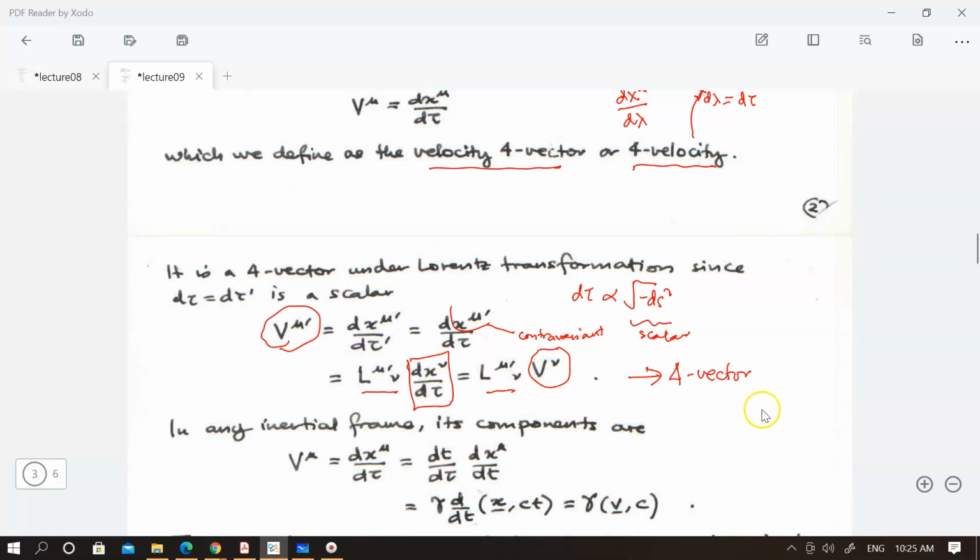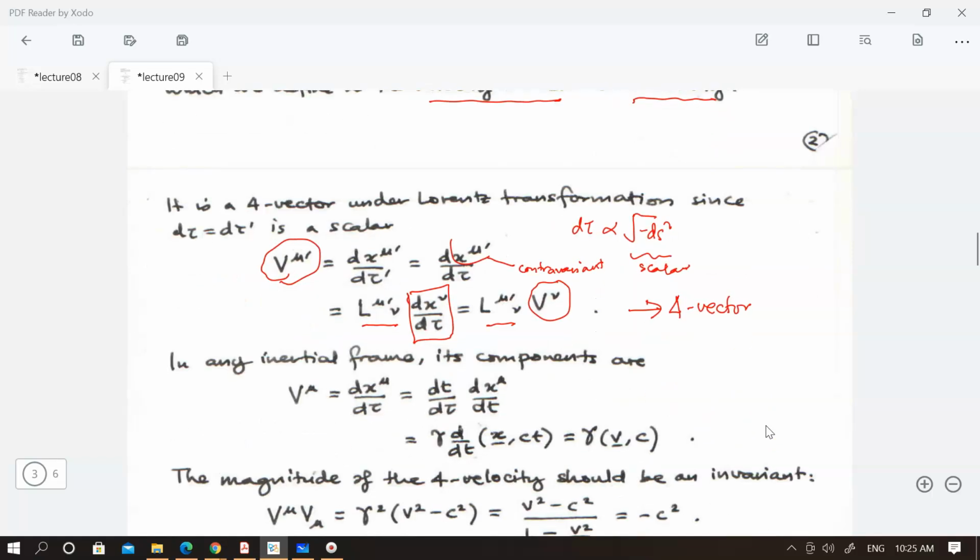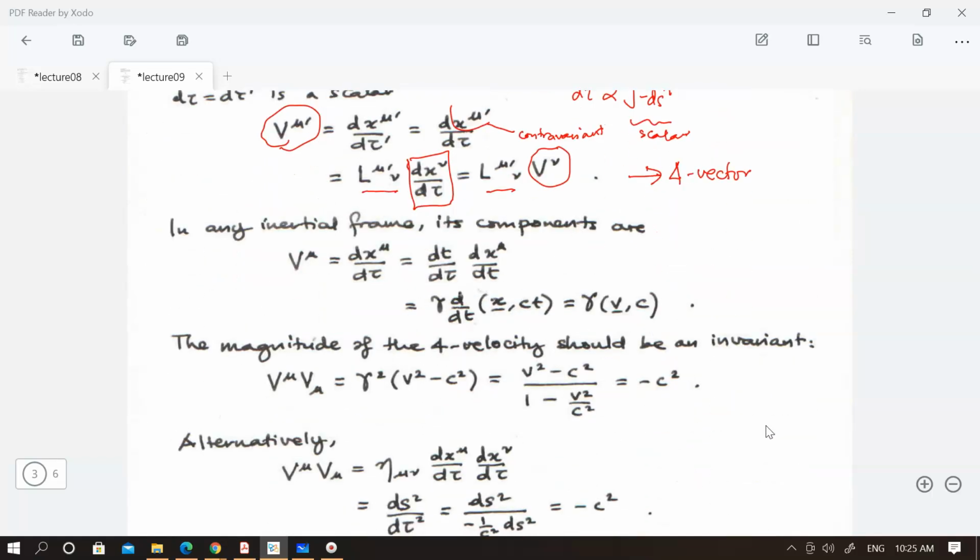We would like to see what this object is in terms of components. Again, we just use the chain rule and refer back to the time coordinate itself. So this becomes dt over d tau, and then dx mu over dt. This will be easy for us to interpret in terms of the time coordinates with respect to a particular frame. So this will be d dt of (x, ct).